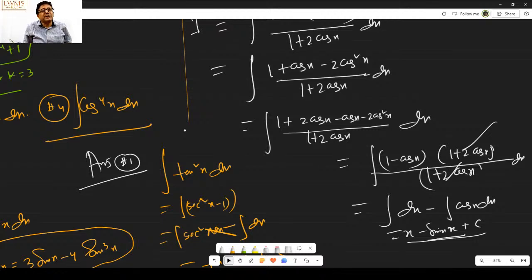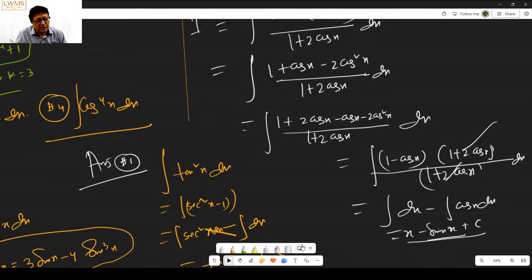One more sum is there, that is cos to the power 4x. How to integrate this? Trigonometric formula manipulation is very important in integration.